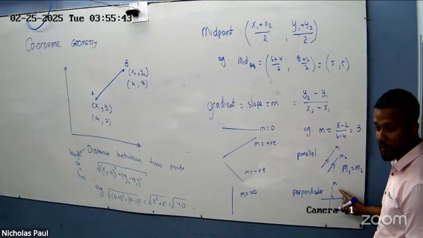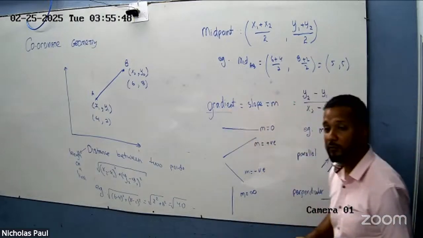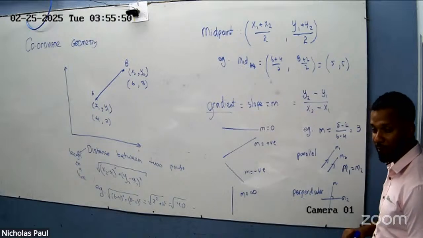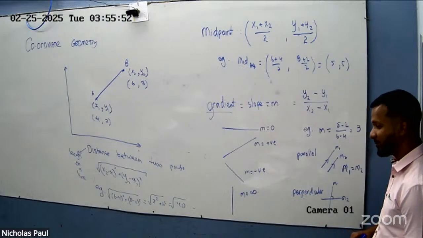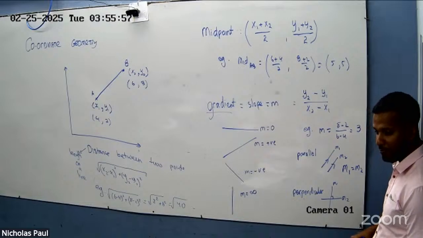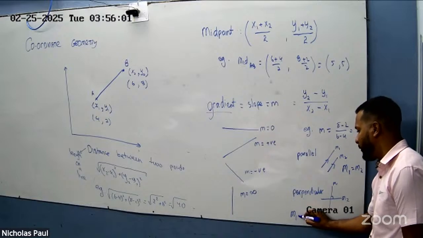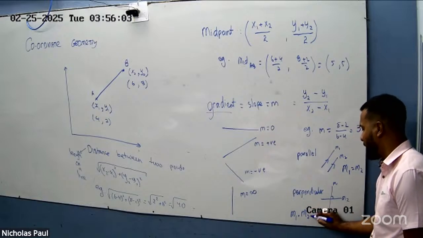In terms of gradient, because the topic we're doing is gradient, it's different. It's the negative reciprocal. So the product of their gradients is -1.